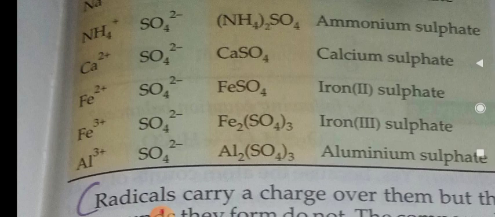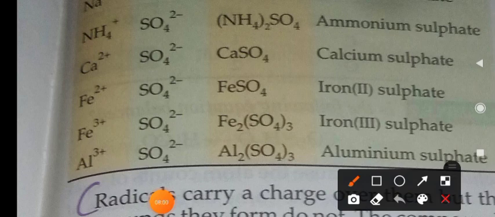The next is iron 3 sulfate, that is Fe3 plus and SO4 2 minus. When you interchange the values, it becomes Fe2(SO4)3. Similarly, Al3 plus and SO4 2 minus gives Al2(SO4)3, aluminium sulfate.